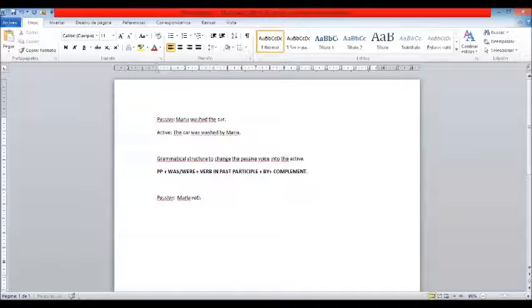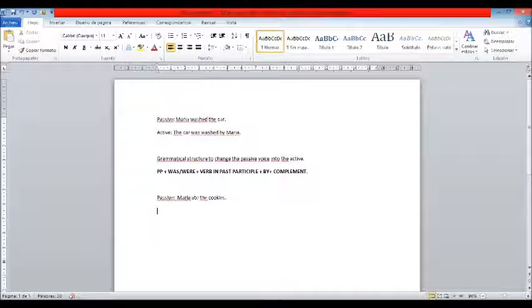It depends on the grammatical tense, because if we use simple present, to change into the passive voice you need to use the verb to be in present. For example, Maria eats the cookies, right? Ate, in past. The cookies.